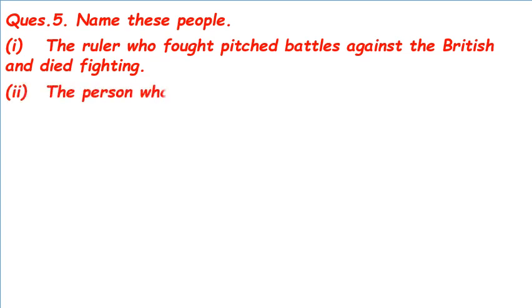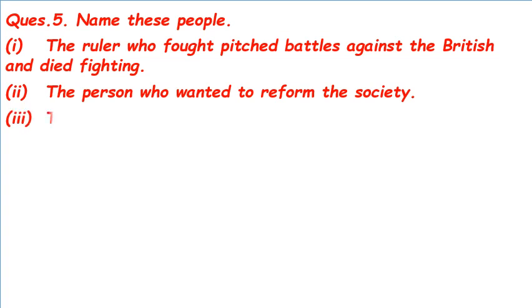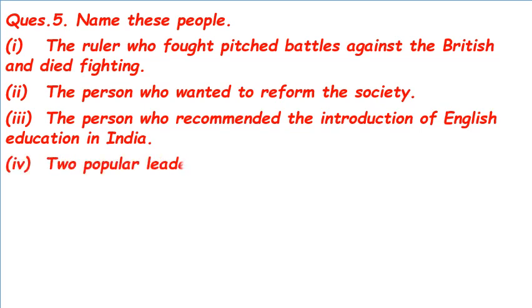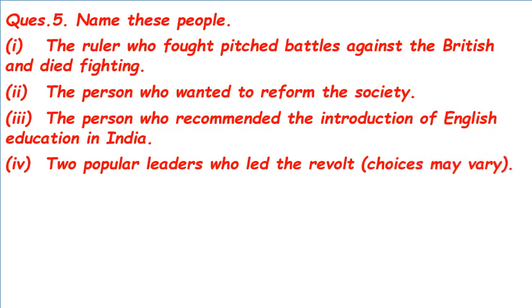Number 2, the person who wanted to reform the society. Number 3, the person who recommended the introduction of English education in India. Number 4, two popular leaders who led the revolt. Choices may vary.